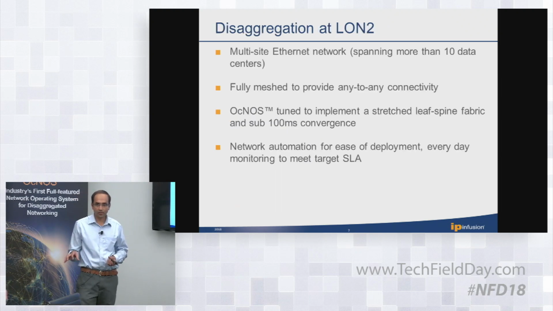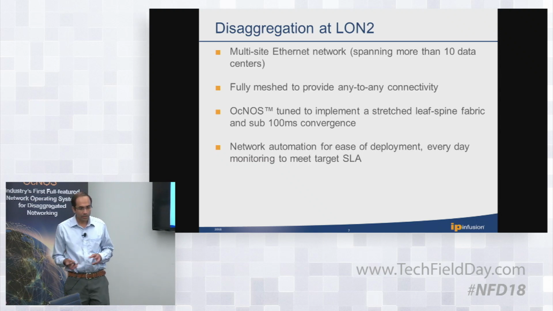So looking at this solution for London 2, London 2 is spread across 10 data centers in the metro London area, and we provided this layer 2 fabric using Ethernet VPN.